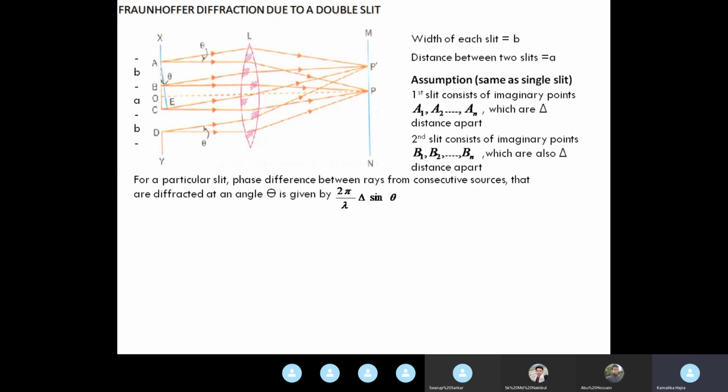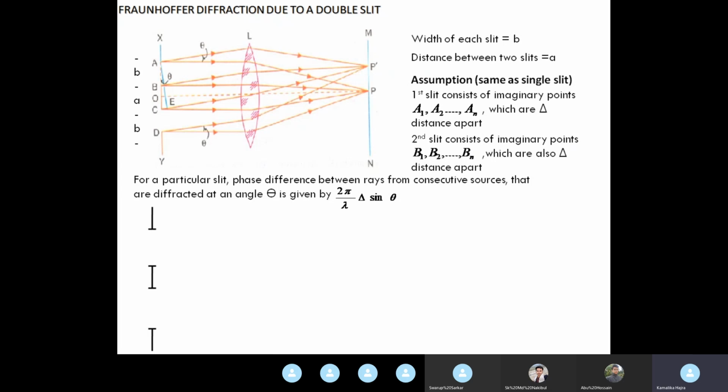We had calculated this, remember we had taken two such imaginary points A1 and A2, and we saw that if they are diffracted at an angle theta, then the path difference between these two is given by delta sine theta, so that the phase difference between these two rays is 2 pi by lambda delta sine theta. This is the same for both the slits, for any two rays coming out from consecutive imaginary sources.